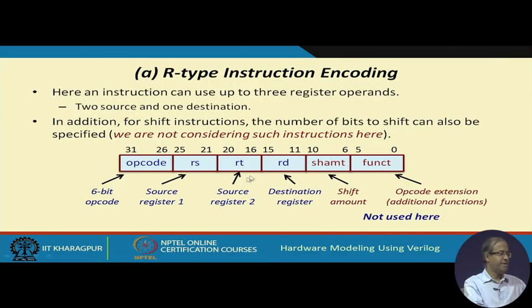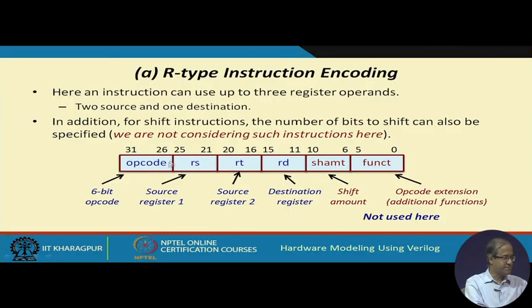Okay. The next 3 fields indicate registers. In an R type instruction, there will be 2 source registers and 1 destination register. The source registers are stored in the first 2 fields, called RS and RT. They are stored in bit numbers 21 to 25. You recall there are 32 registers, R0 to R31.